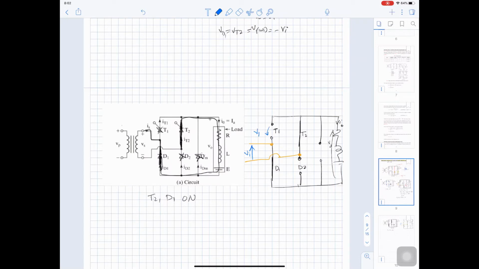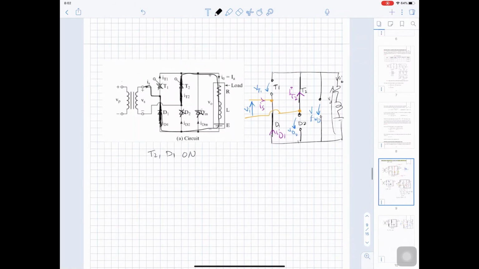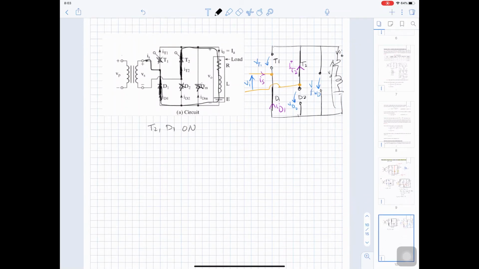This voltage is V thyristor 1. This voltage is V diode 2. V freewheeling diode. I thyristor 2. I diode 1. I source. So we can see during this operation, if you go with V out, V out here is the head of the arrow.